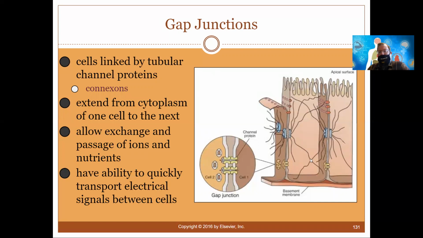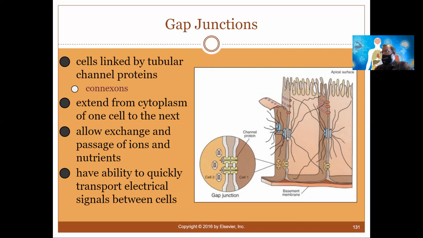but what their goal is, is to provide some sort of link or connection with neighboring cells. So we can actually have a tight junction or a desmosome and still have a little bit of a gap junction somewhere connecting the neighboring cells.